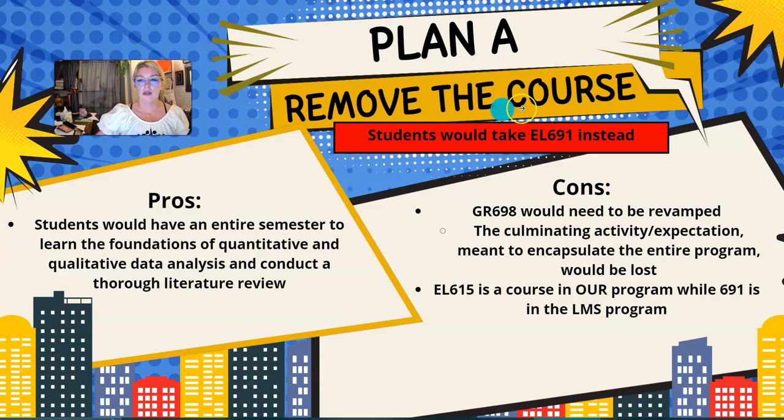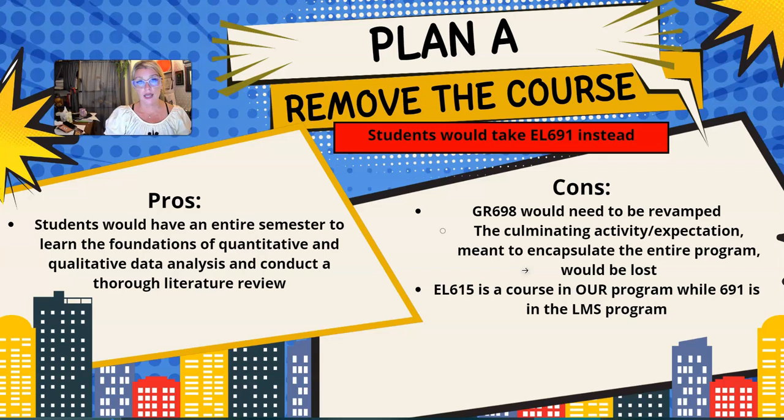Again, a con. Well, GR698 would have to be revamped because currently it is set up for 615. And the culminating activity would still not encapsulate our entire program. As it stands, it would still only encapsulate one course, which would be the 691.